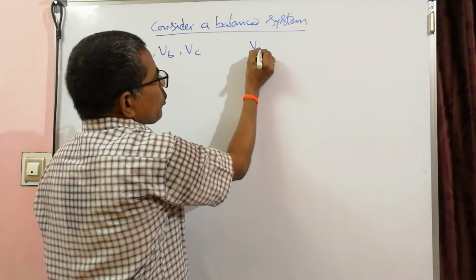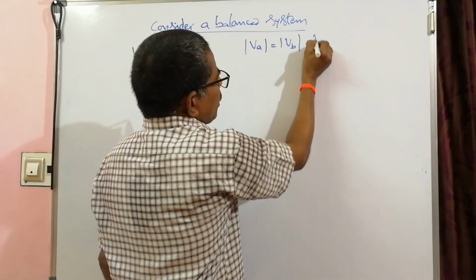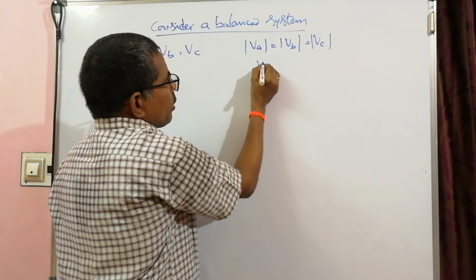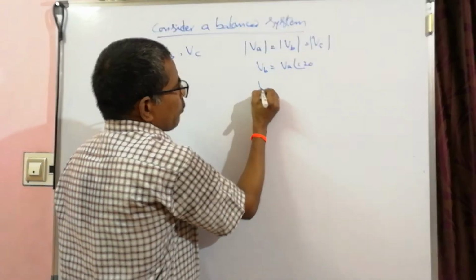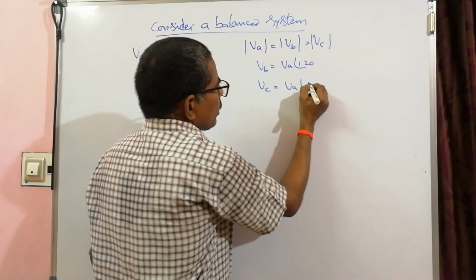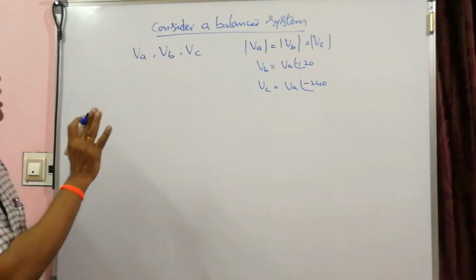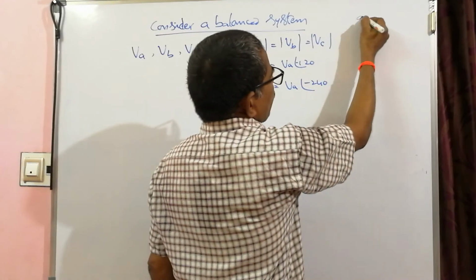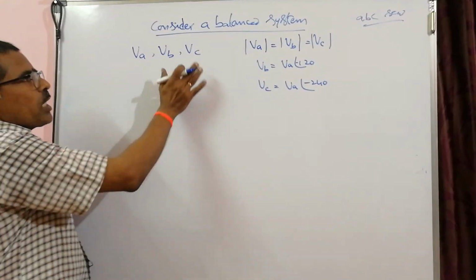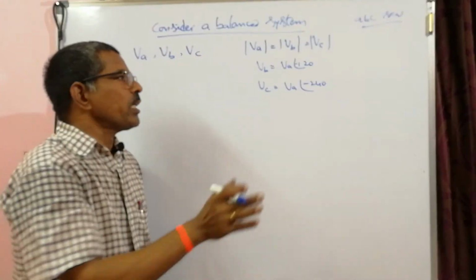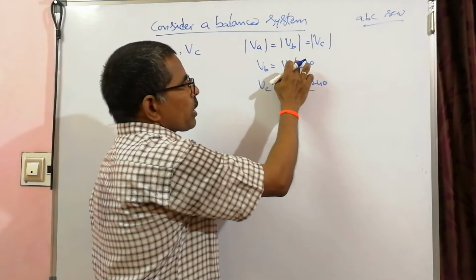So, balanced in the sense, VA is same as VB, this is same as VC, and at the same time VB is VA angle minus 120 and VC is VA angle minus 240. This is what is our ABC positive sequence, or it is following ABC sequence, let us say. Then the magnitudes will be identical, and VB lags VA by 120 degrees, VC lags VA by 240.